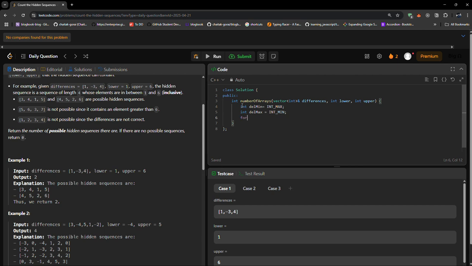Now we will iterate over the differences array, for i equals 0, i less than differences.size, i plus plus, right? We have to sum up the array, so we take an integer sum equals to 0. This is the sum of the differences.